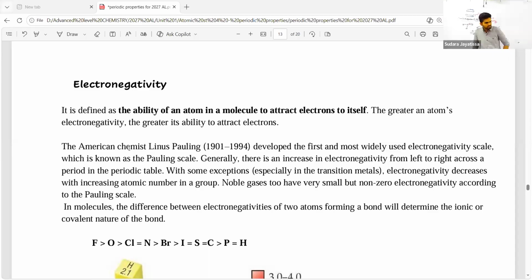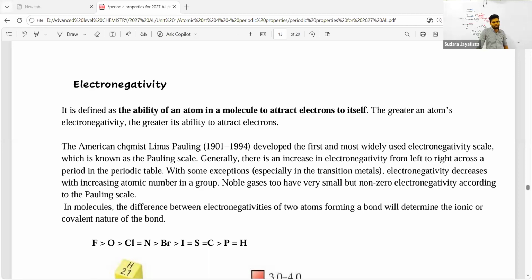Do noble gases make bonds? Only one of them can make bonds. Helium, neon, argon, krypton, and after krypton you have xenon. Xenon makes bonds, but only with oxygen and fluorine, which are more electronegative elements.